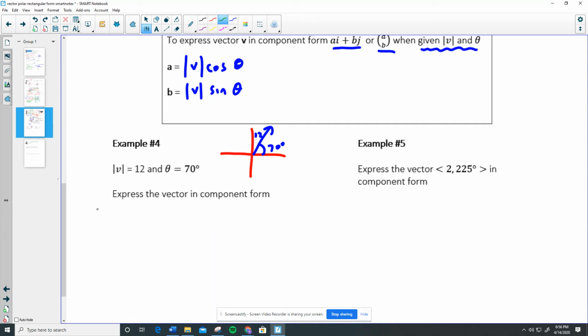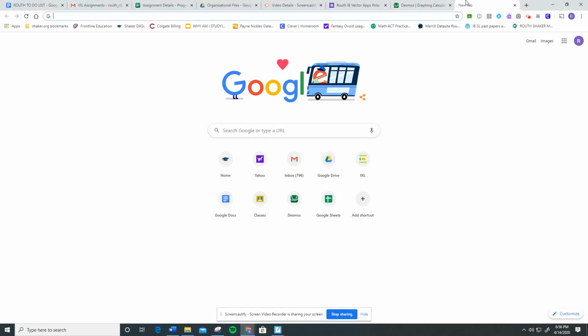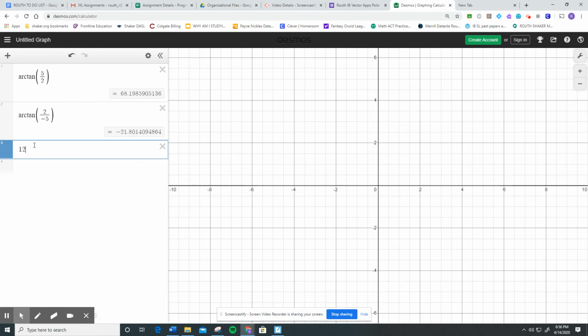This is super simple with the formulas. The A component, which is the x component of the vector, is equal to 12 times cosine of 70. And B, the y component of the vector, is 12 times sine of 70. I'm going to flip over to Desmos. 12 times cosine of 70. 12 times the sine of 70.